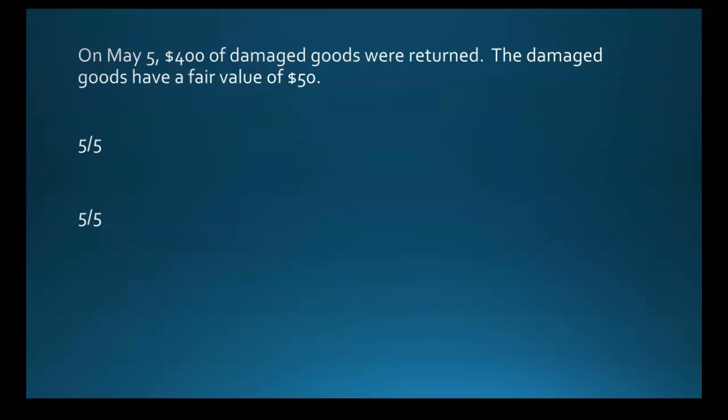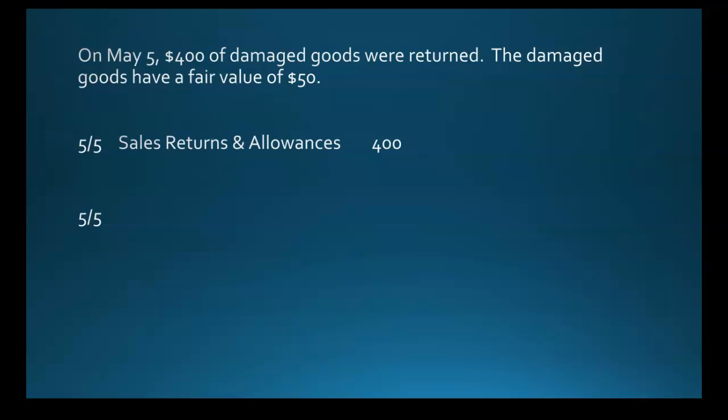So if our customer is returning goods to us, they don't owe us as much money now. So we will need to decrease accounts receivable. We will also need to show that we didn't make that sale. So there's this account called sales returns and allowances, a contra revenue account.